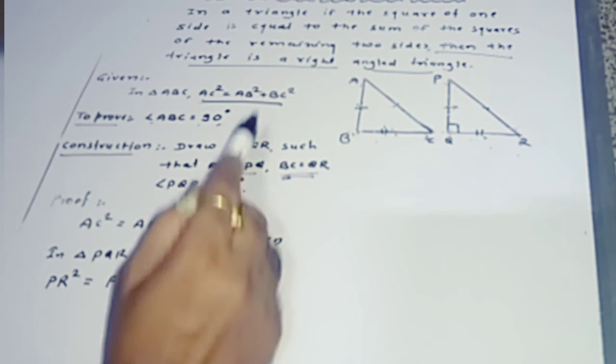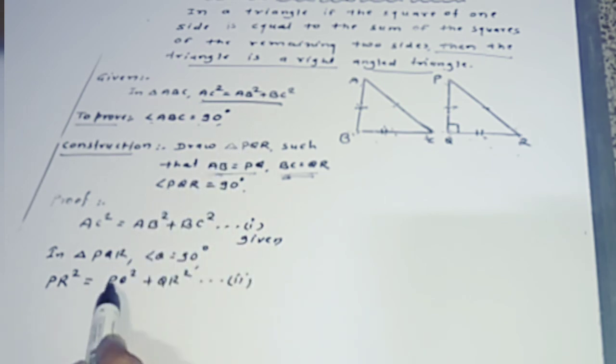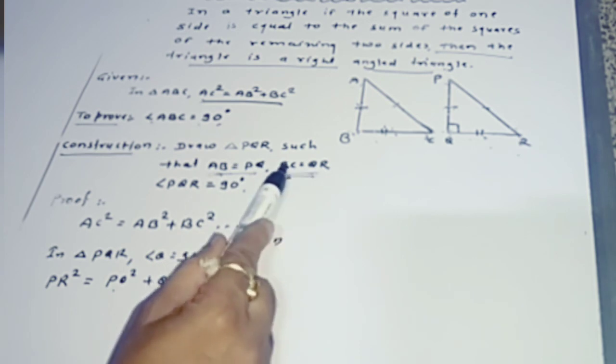But by given construction, PQ is equal to AB and QR is equal to BC. Substituting the values here, therefore PR square is equal to AB square plus BC square. This is third.